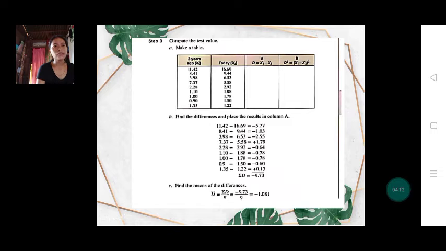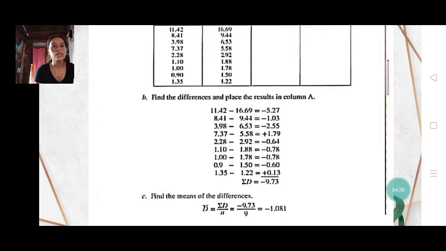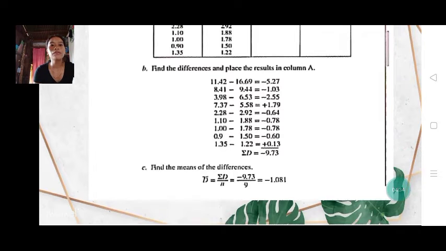We subtract the deposits 3 years ago and today. You can see it was subtracted, which is 11.42 minus 16.69 equal to negative 5.27, and so on and so forth.